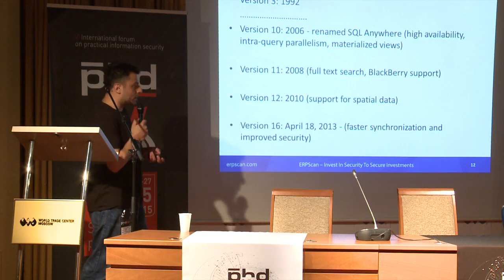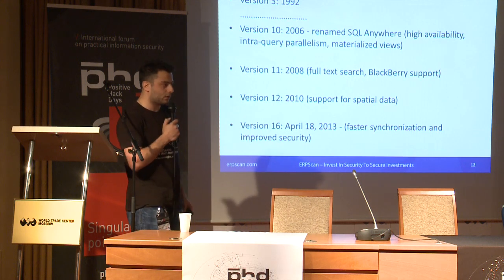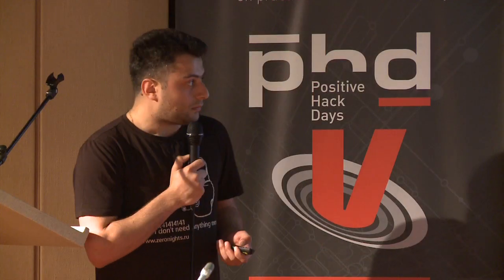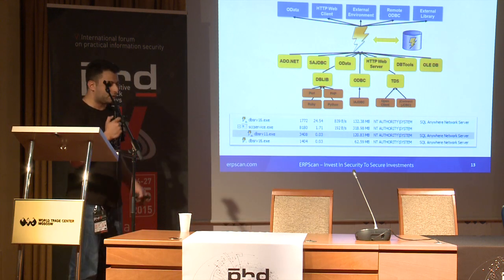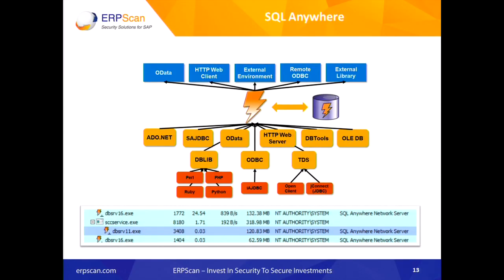In the SAP Mobile Platform, you can use not only the SAP SQL Anywhere database, but also an Oracle database and MS SQL. SAP SQL Anywhere is a very flexible database which uses a big number of connectors and other programming languages, and you can easily connect to this database with different languages and get the data which you need. For example, in normal working condition, it listens to three main processes which are responsible mostly for data processing.